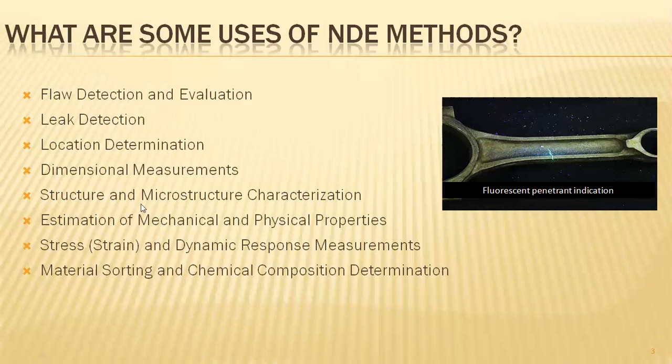Next one, the structure and microstructure characterizations. So here, structure and microstructures. In our material science and metallurgy subject, we had clear-cut details regarding structures and their microstructures. Each and every type of material has different types of structures.